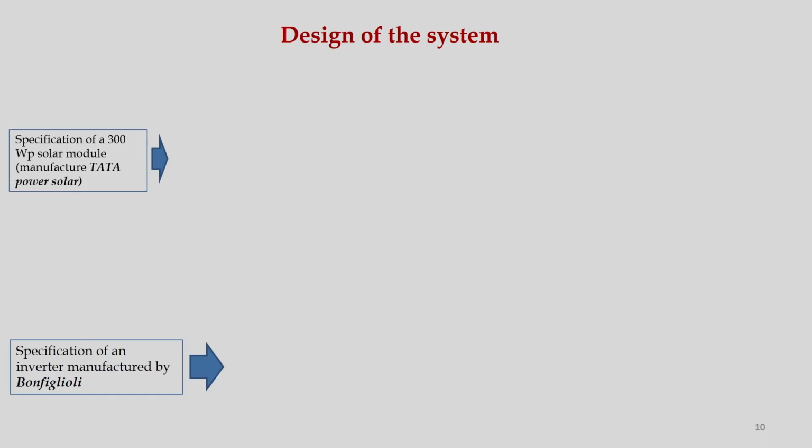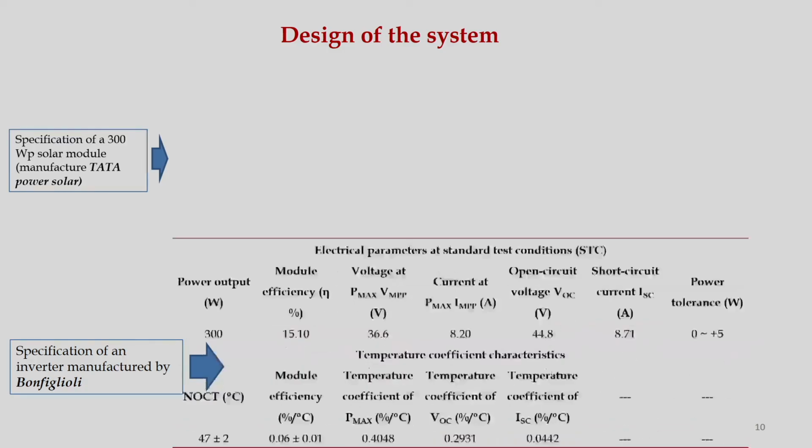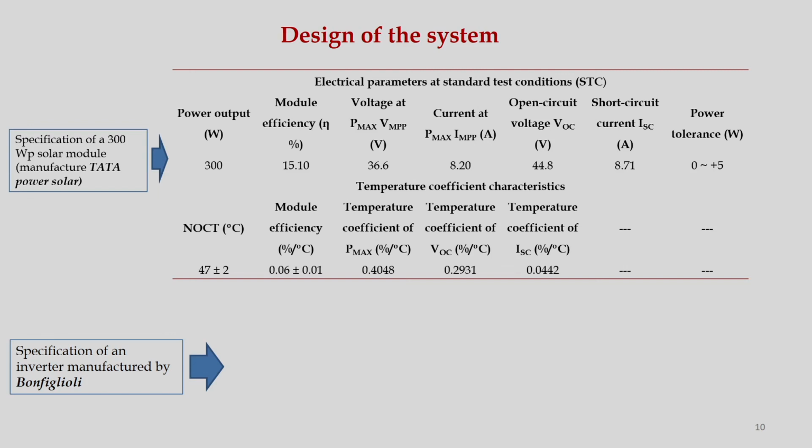So, let us have a look at the specification of modules and inverter. If we talk about the specification of a module, we can consider a module having output power in watt peak of 300, and efficiency of 15.10.